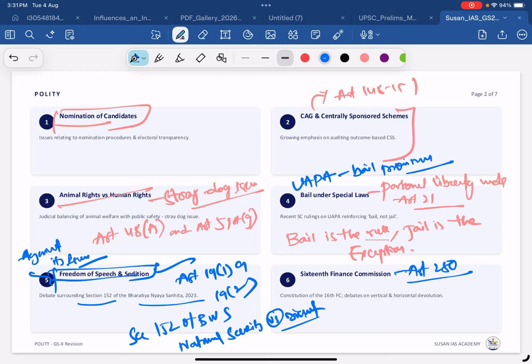Composition and functions, vertical devolution, horizontal devolution, criteria for distribution, grant in aid, local government finances, fiscal capacity of states, center state financial imbalances, and what are the issues before the 16th finance commission. So these are the dimensions you should cover in this finance commission topic, right?